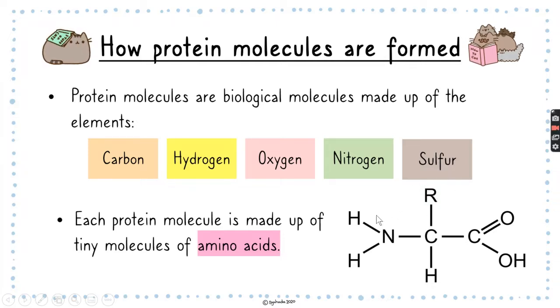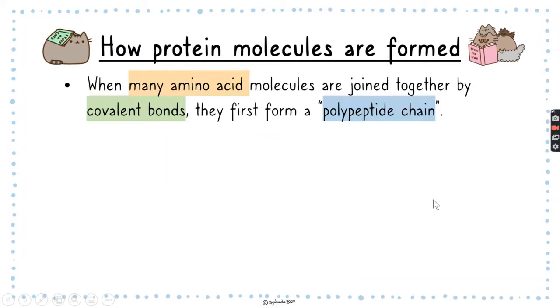So this one whole molecule is called an amino acid. When you have lots of these joined up together, they make up a protein molecule. This is where your carbon is, and you have hydrogen, oxygen here, nitrogen there, and sulfur is in this group right here.